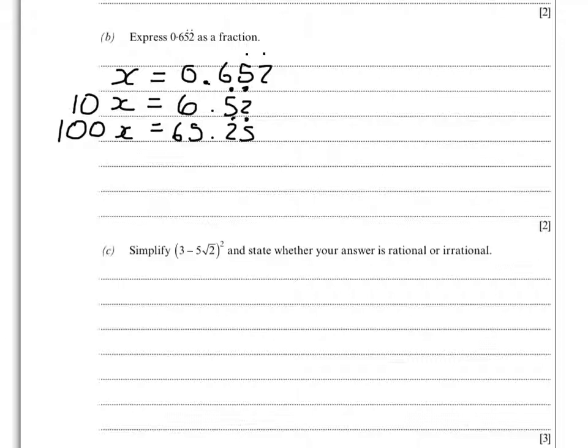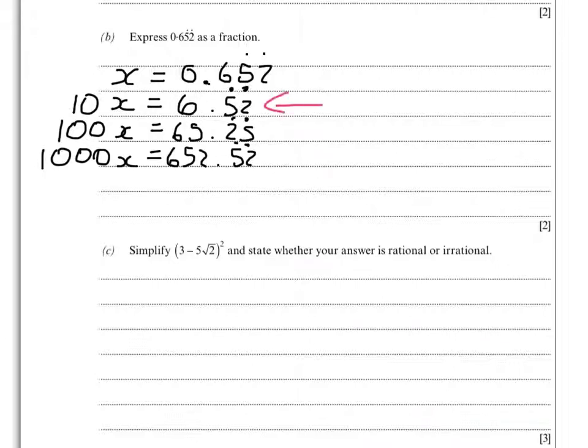Again, that is no good because the 52 recurring is not the same as 25 recurring, so if I subtracted, I'd still have a recurring messy decimal after the decimal point. So I'm going to times it by 10 one more time, and this time the 2 comes forward, and I'm left with 52 recurring after my decimal point.